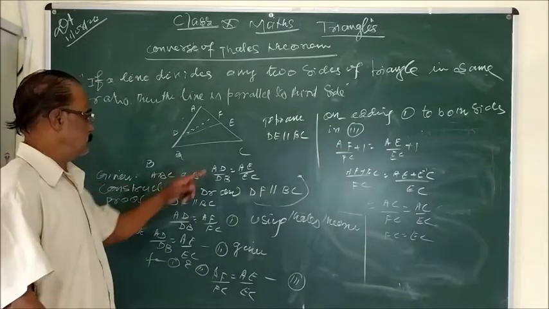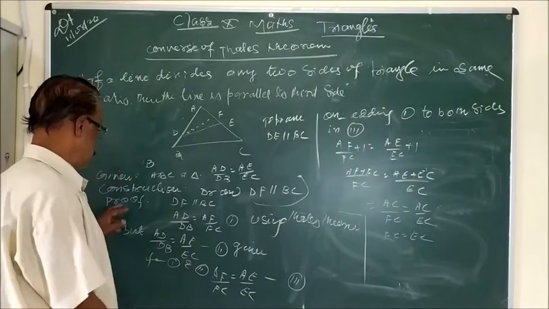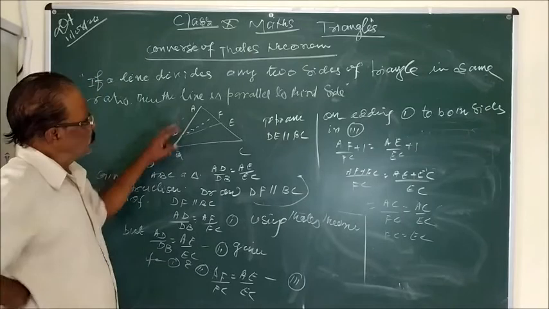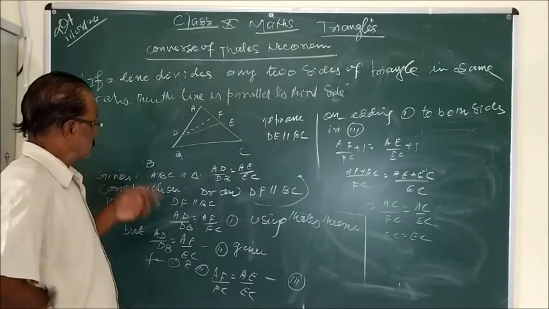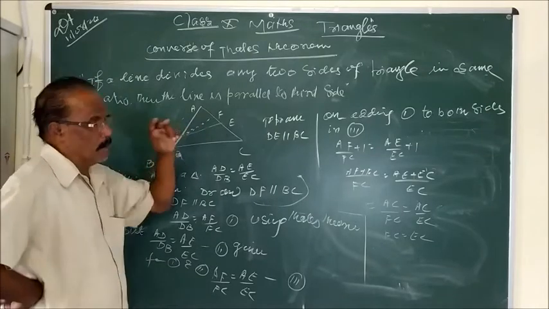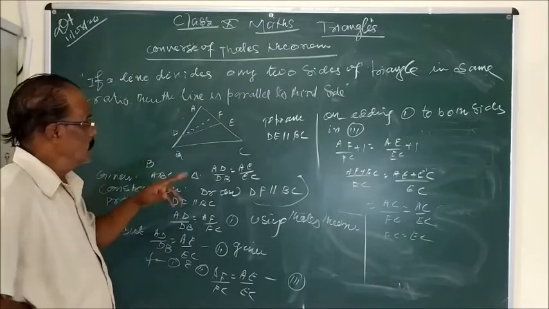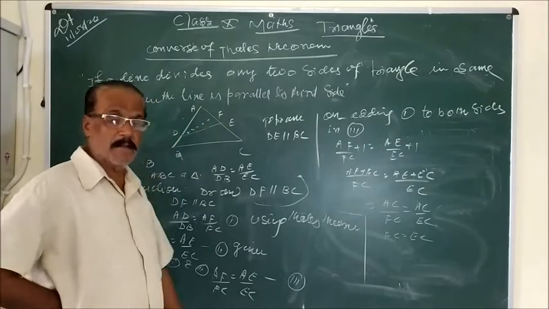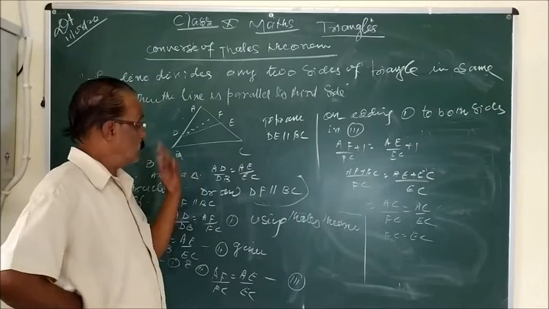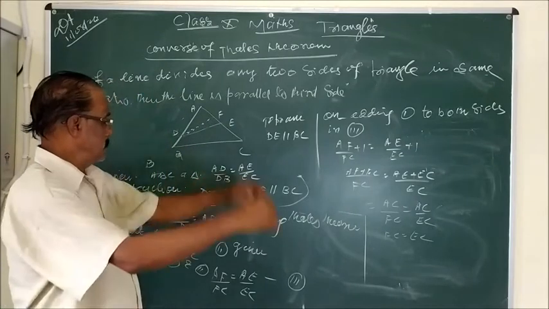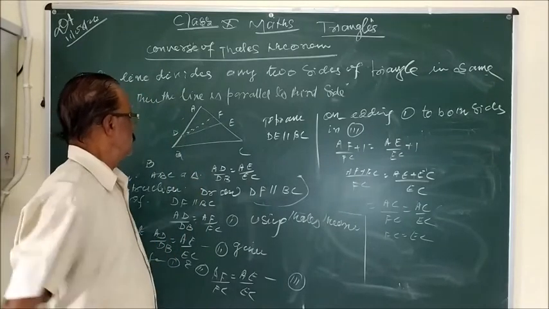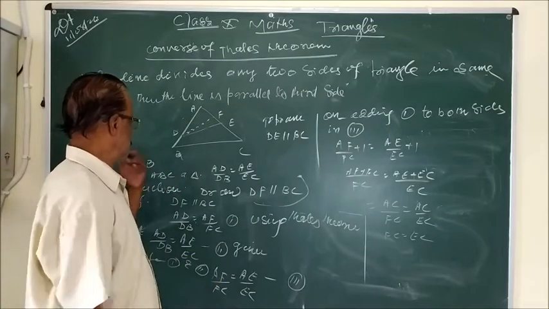Given, construction, to prove, and this is the proof. Now in the construction we draw DF parallel to BC. If DE is not parallel, then we do a new construction here.